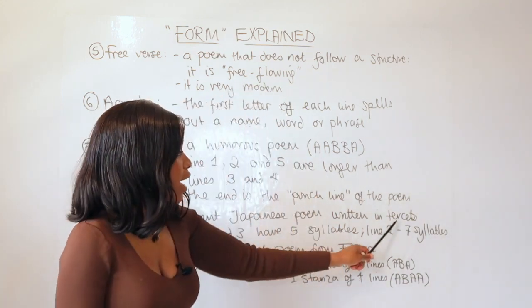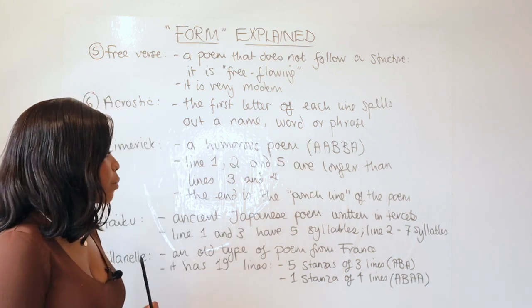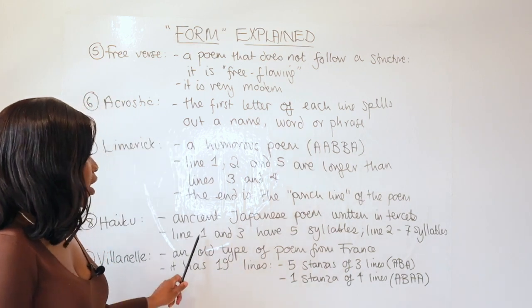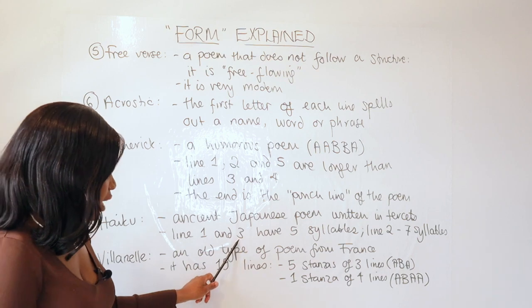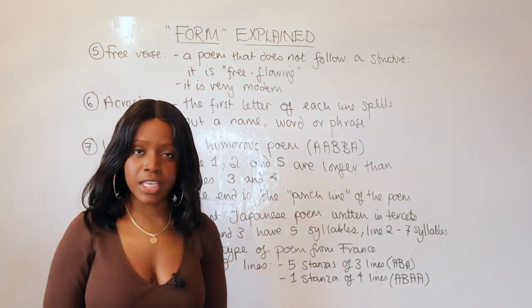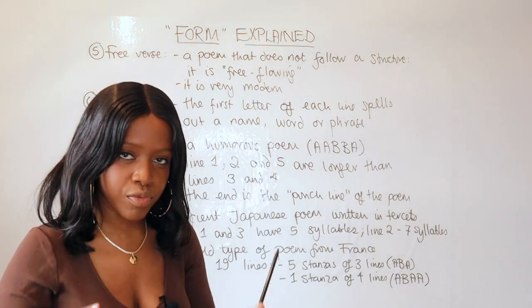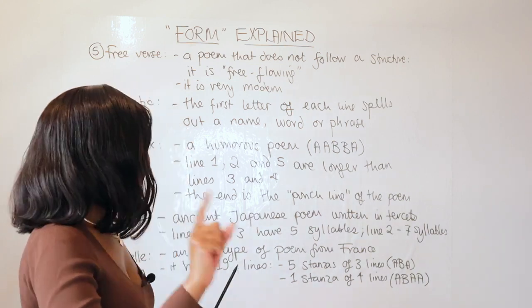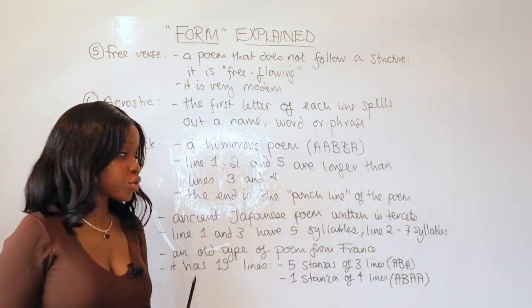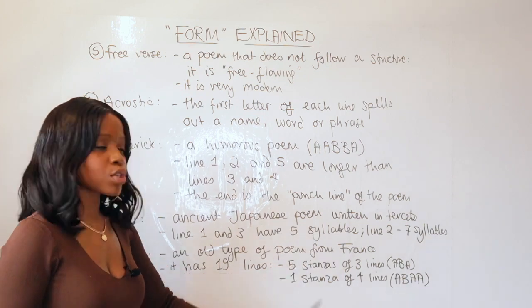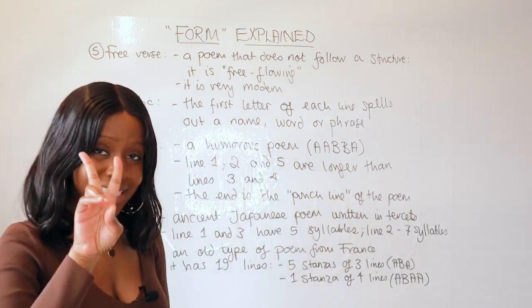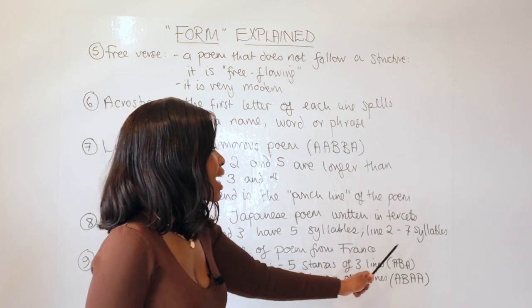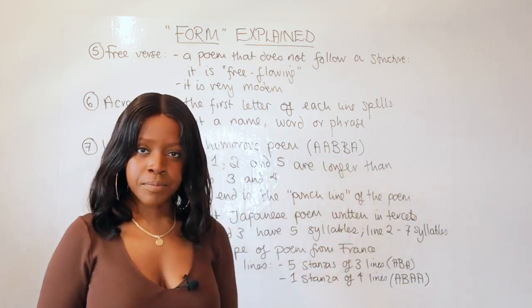So remember that a haiku is a traditional Japanese poem that's written in tercets, and lines 1 and 3 have 5 syllables. So within each tercet, within each 3-line poem, the first and the third line of poetry have 5 syllables you'd be able to count out. However, the second line, the middle line, must have 7 syllables.